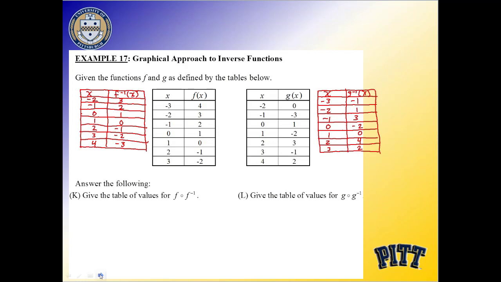Getting back to these, now if I do f of f inverse, if I go through that entire process I just did, I'm looking at the ones on the left here. If I start with this one's domain, that means I'm going to start with these x values here. And so -2 becomes 3, 3 becomes -2, and -1 becomes 2, 2 becomes -1.